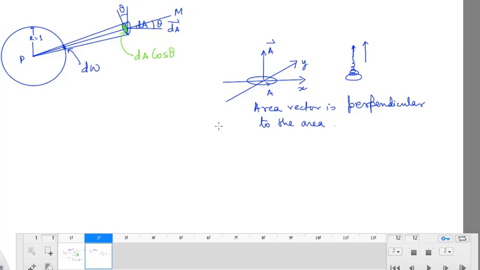Fine, dA cos theta. Now think of similar triangles. How are similar triangles measured?